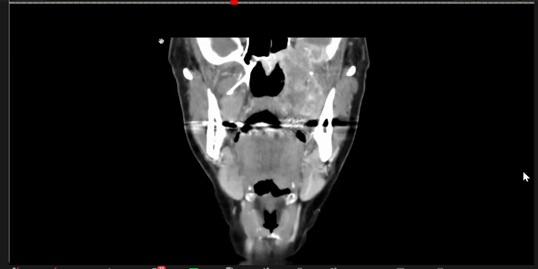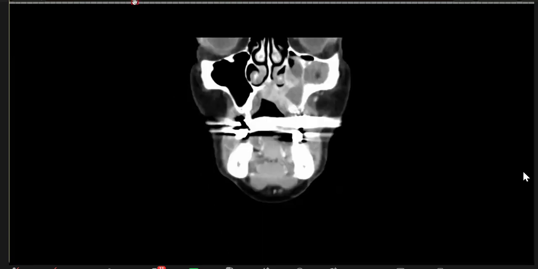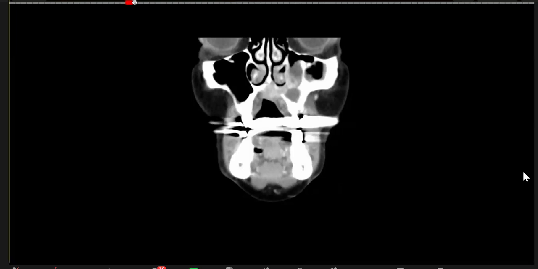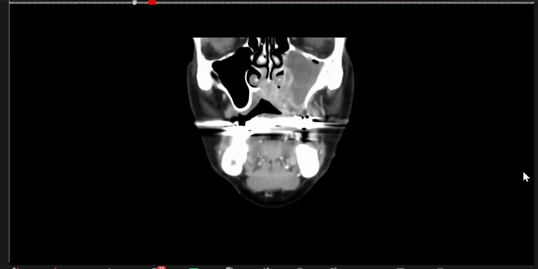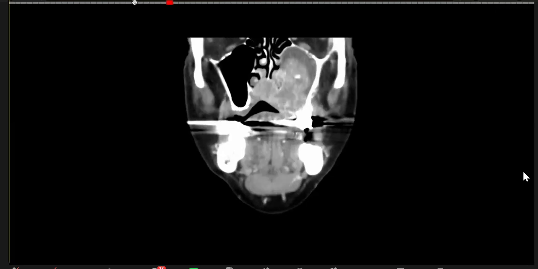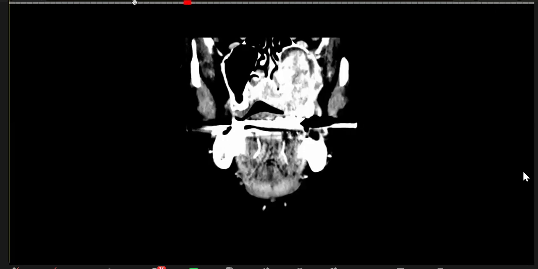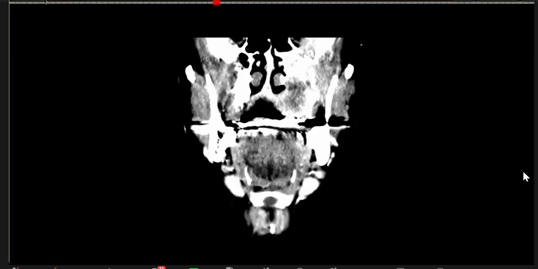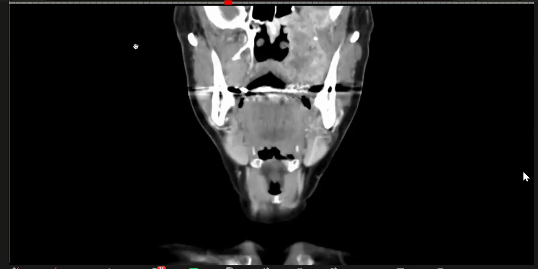Now I am again scrolling through the images. So there is erosion of the hard palate, and anterior nasal cavities are normal.